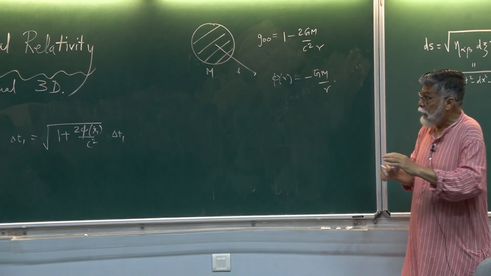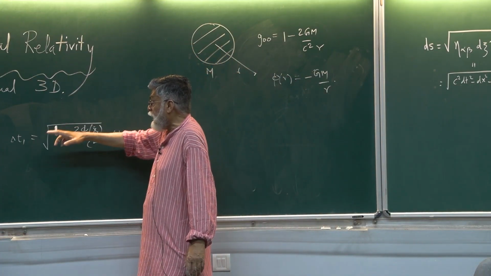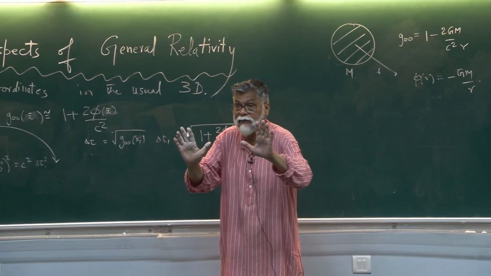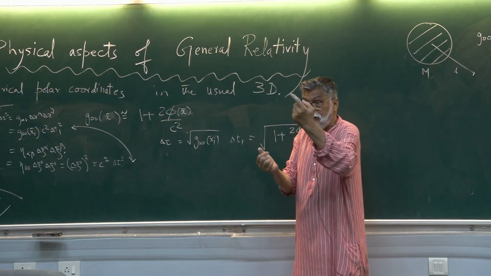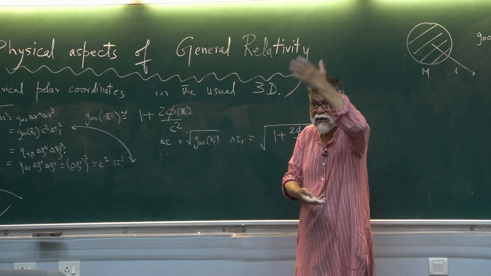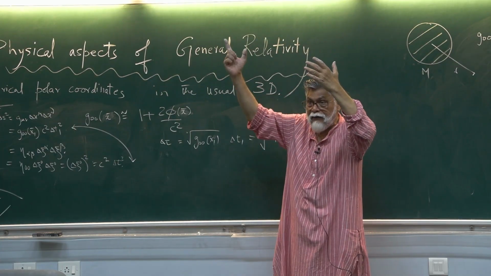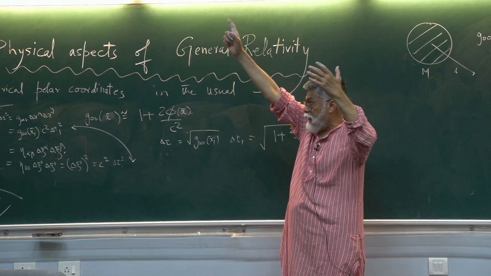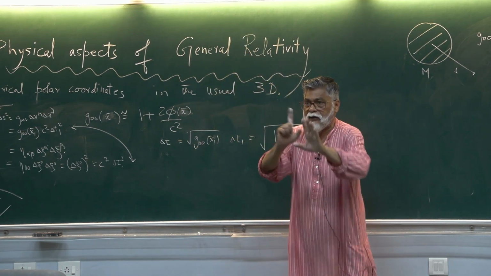So therefore, if you had taken the particular clock at infinity, your delta tau would have been delta t1 exactly. So a clock, and these are identical clocks, the ticking is the coordinate time. So these clocks, if their coordinate time ticking agreed with each other, for a clock at infinity, delta t1 is exactly the physically measured time delta tau.